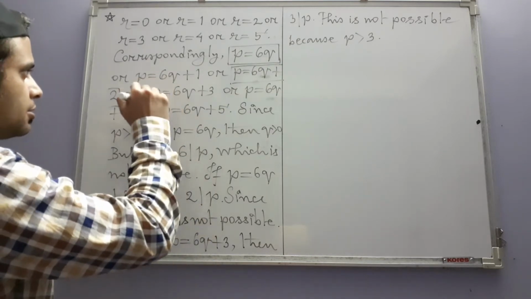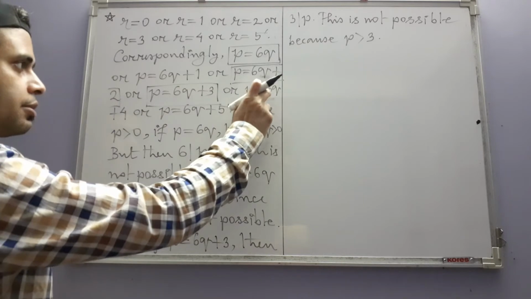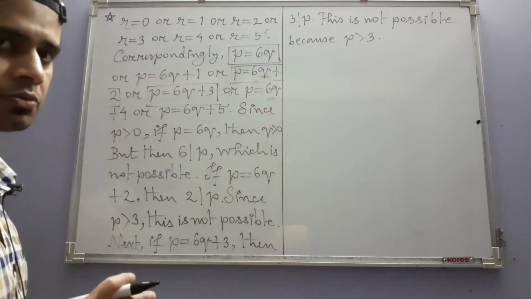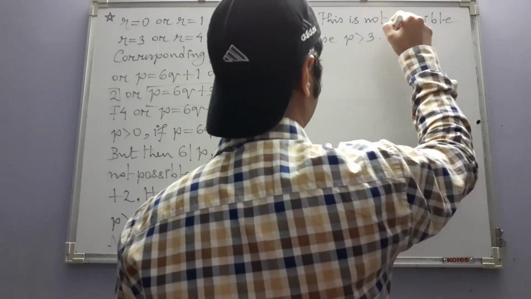So that means this is also gone. Next, this one, 6q plus 4, we will see that that is also not possible.